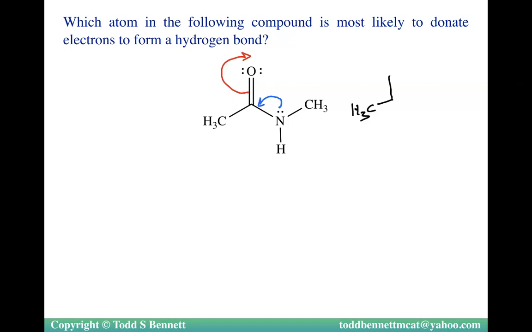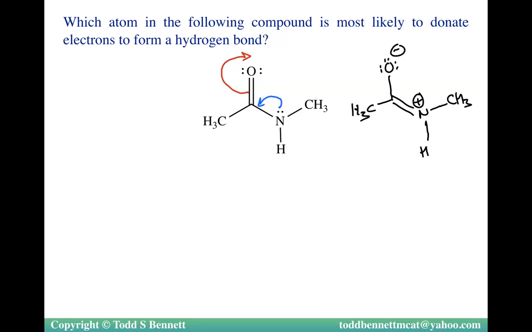We now have a single bond to O, but a negative. We now have a double bond to N, but a positive. And then we have the CH3 on the nitrogen.